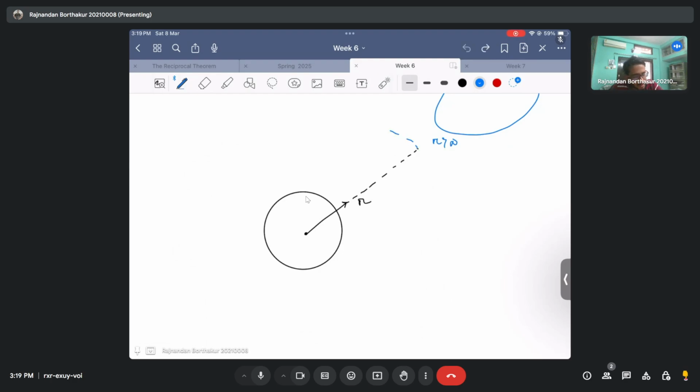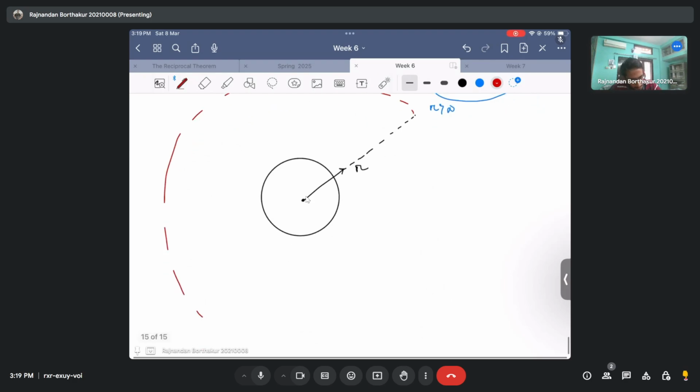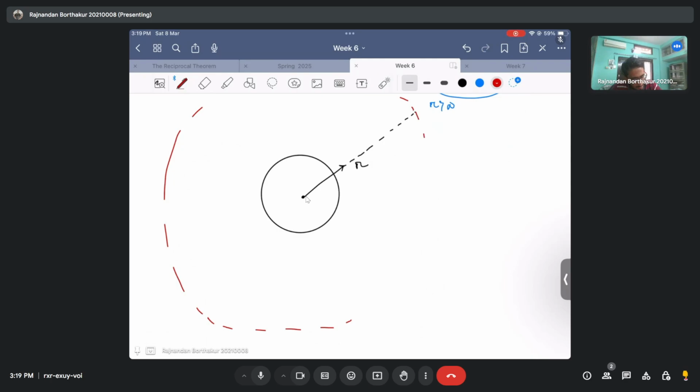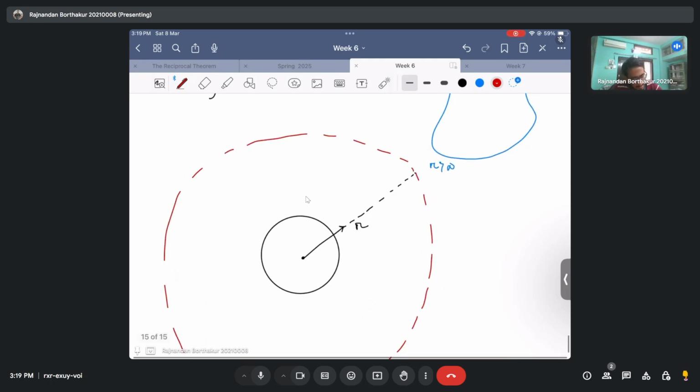We will see the advantage of defining the closed curve to be a circle very shortly. So I'll define a closed curve, maybe something like this, located at some radius rs, where rs is very much larger than the radius of the cylinder, which is a, meaning that we get rs when r tends to infinity.